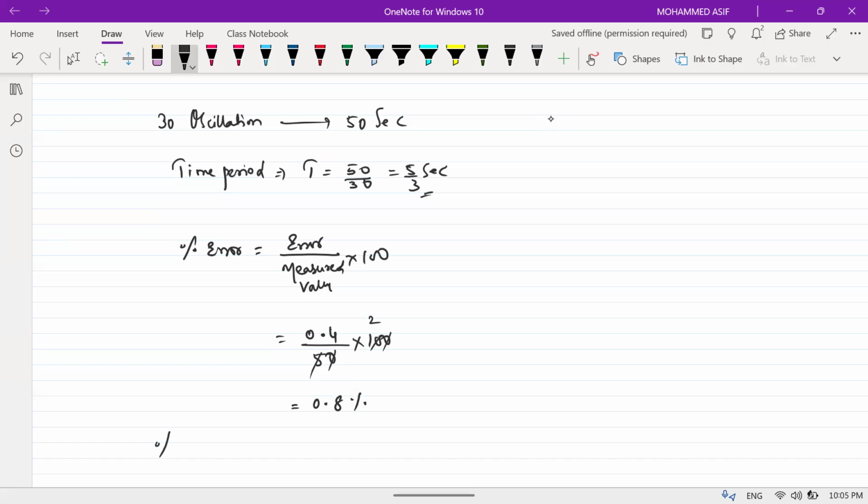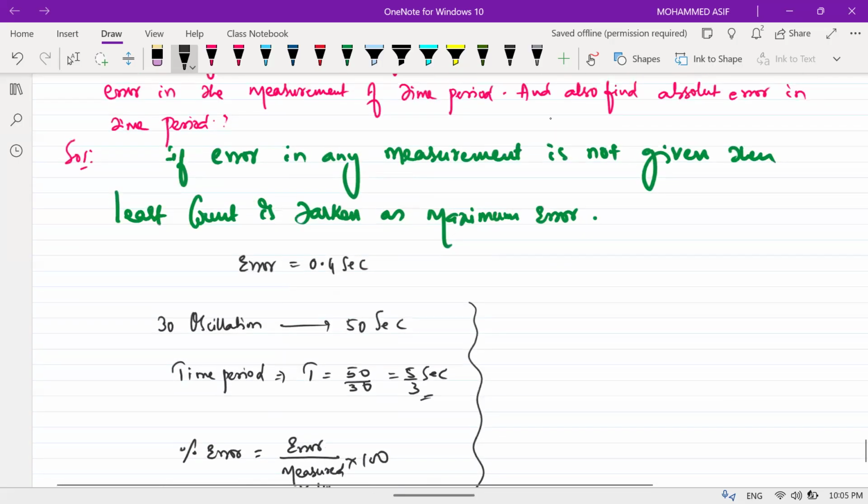So percentage error in time period is equal to 0.8%. Am I clear? First question is clear now.